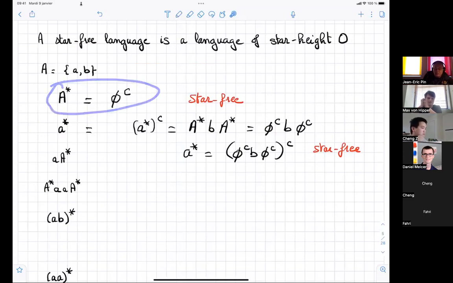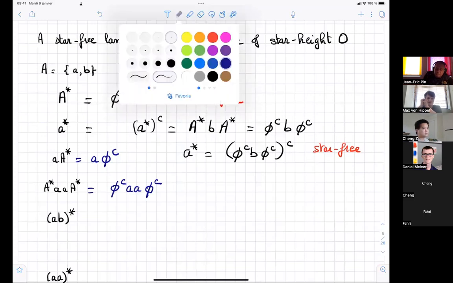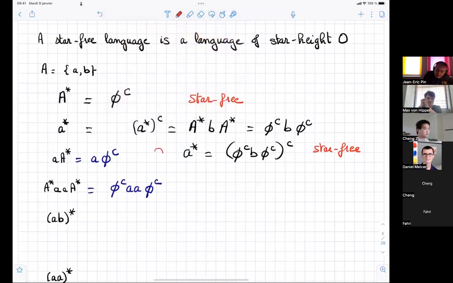You can just replace every A star by the empty set complement. So you make things simple. You can write this as this, and the next one also I can write in this way, right? So therefore, again, these two languages are star-free.